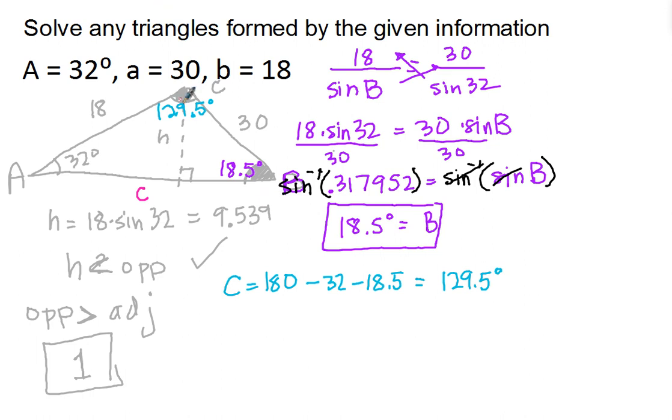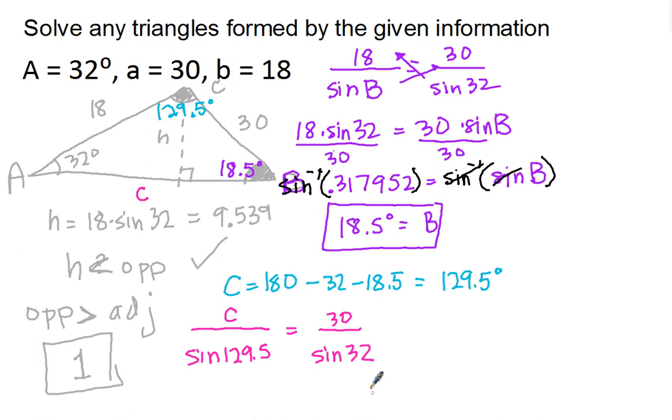So now that I know the angle across from side C, I can once again set up my law of sines proportion. C over the sine of 129.5 that I just found is equal to 30 over sine of 32. I always try to use the given values, right? 30 was given to me and 32 was given, rather than this 18.5, which I had to calculate.